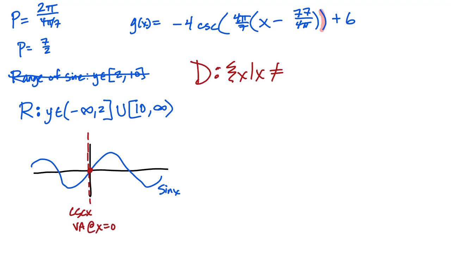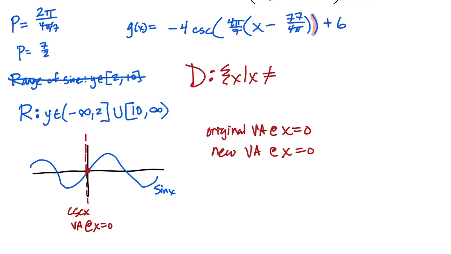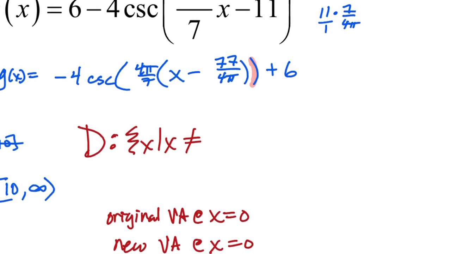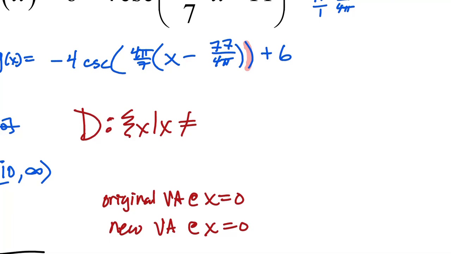So much like cotangent, cosecant is going to be the easier of the two. So the original vertical asymptote is at x equals 0. So the new vertical asymptote is going to be at x equals 0. And then if I shift it left, it's minus the amount. If I shift it right, it's plus the amount. Which direction are we going up here?